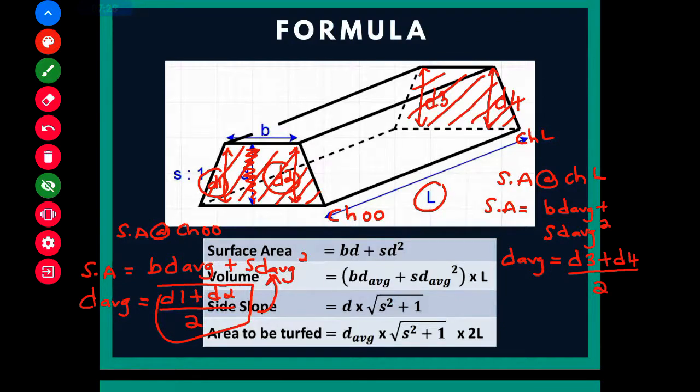After you get the value for D average, you substitute back in the equation. So you will get the surface area at chainage 0+0 and at chainage L, and the values will be different.